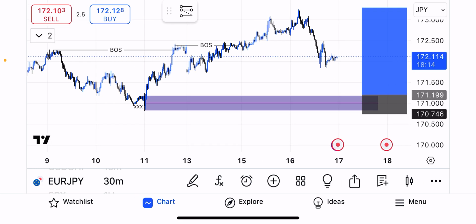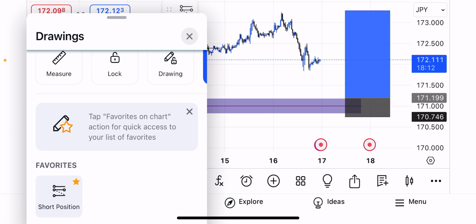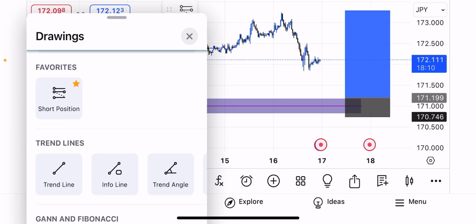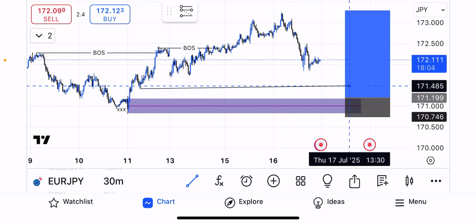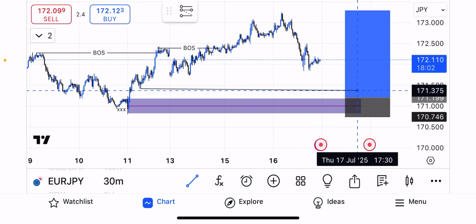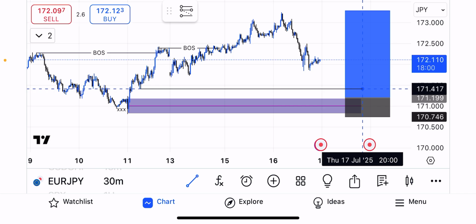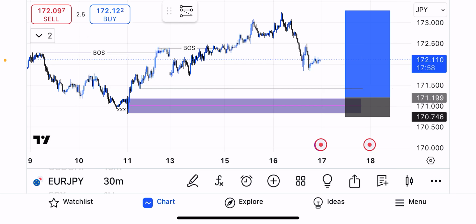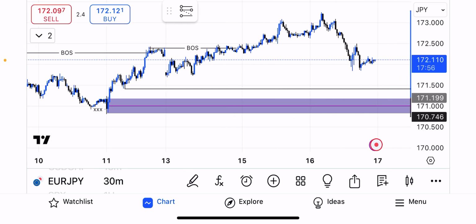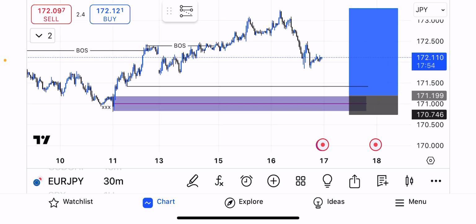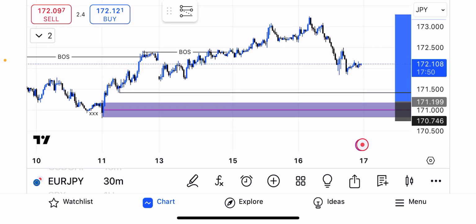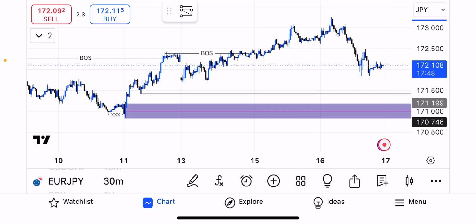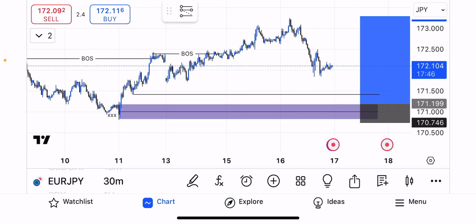Now where is our structural liquidity? This is where our structural liquidity comes. In my previous video I touched on structural liquidity. I said structural liquidity is what will attract the price to your zone. Structural liquidity is the liquidity that price had created to be taken out later.